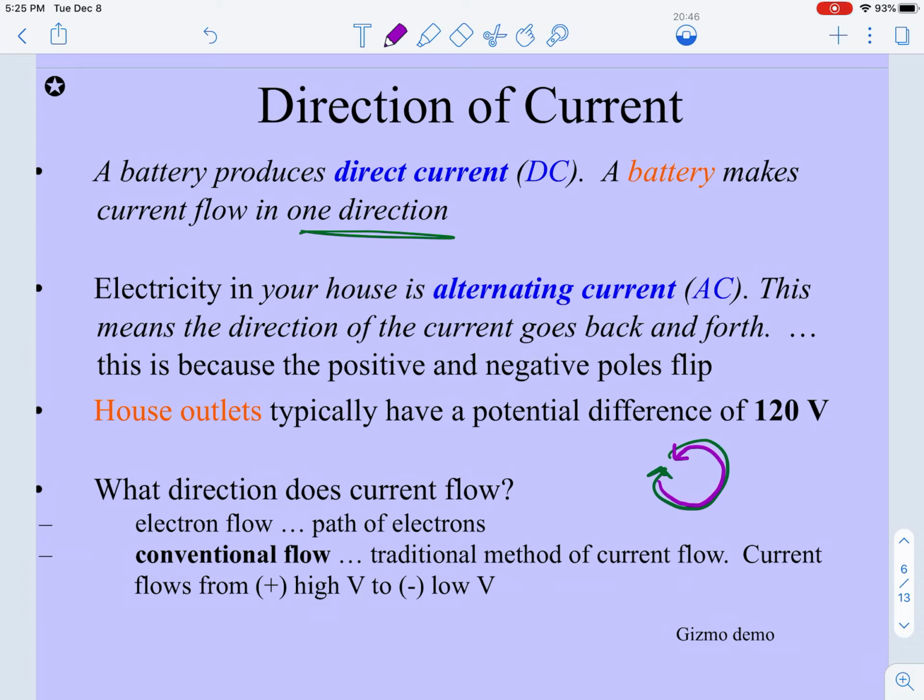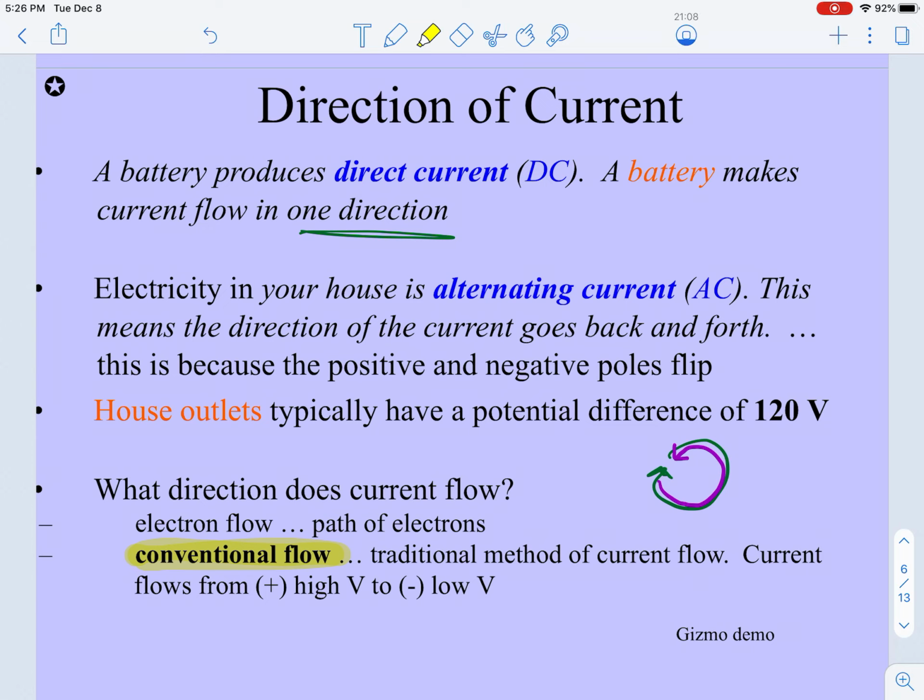But as far as what we are going to discuss moving forward, we are going to follow what you see right here on the simulator. This is conventional flow, and this is the hypothetical if we had positive charges that were moving around our circuit. Okay, so I have bolded it for you here. I want you to know conventional flow.